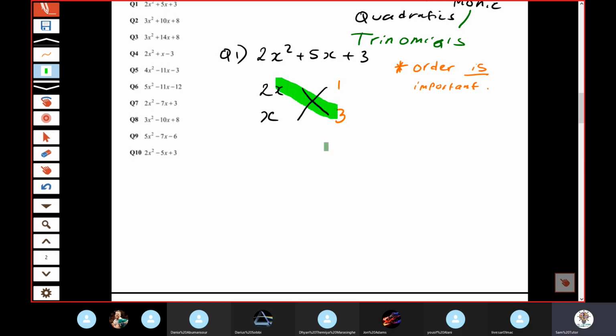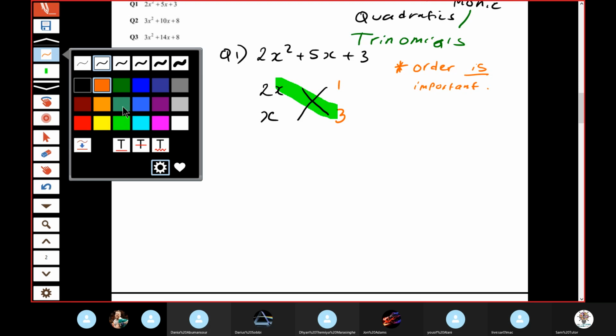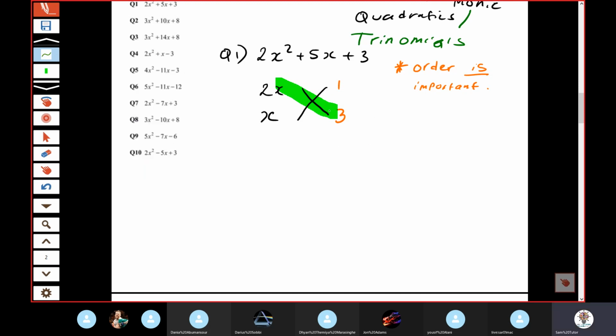What number do you get when you multiply these two together? Just the number. Don't worry about the letters so much. 6. What number do you get when you multiply it the other way around? 1.